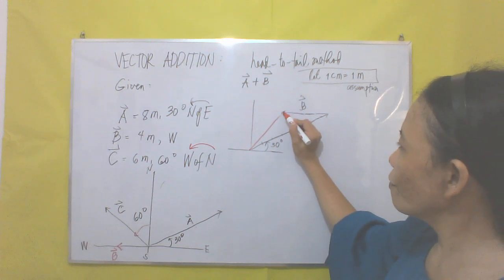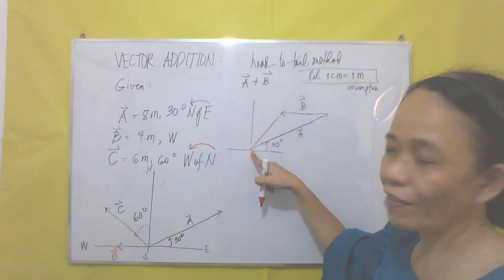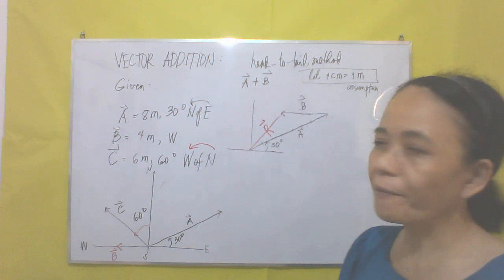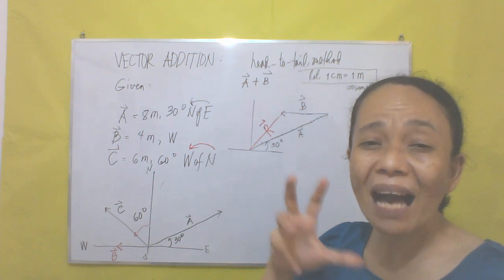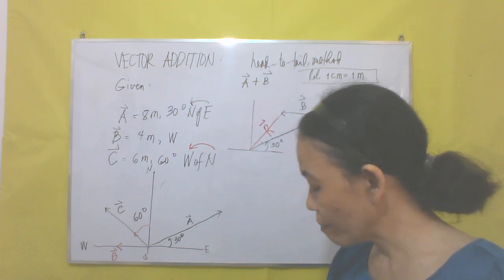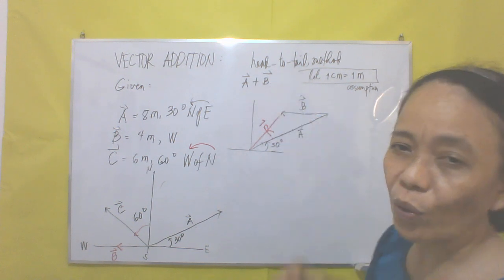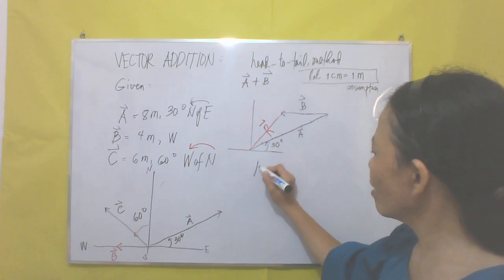So this is now our resultant vector R. Next, to determine the magnitude of R, just measure this R using your ruler.